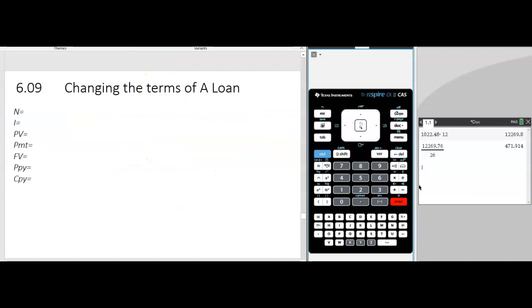So again, I'll represent the whole thing in a timeline. So you want to know how long, right? But then you know future value will be 0, you pay off.